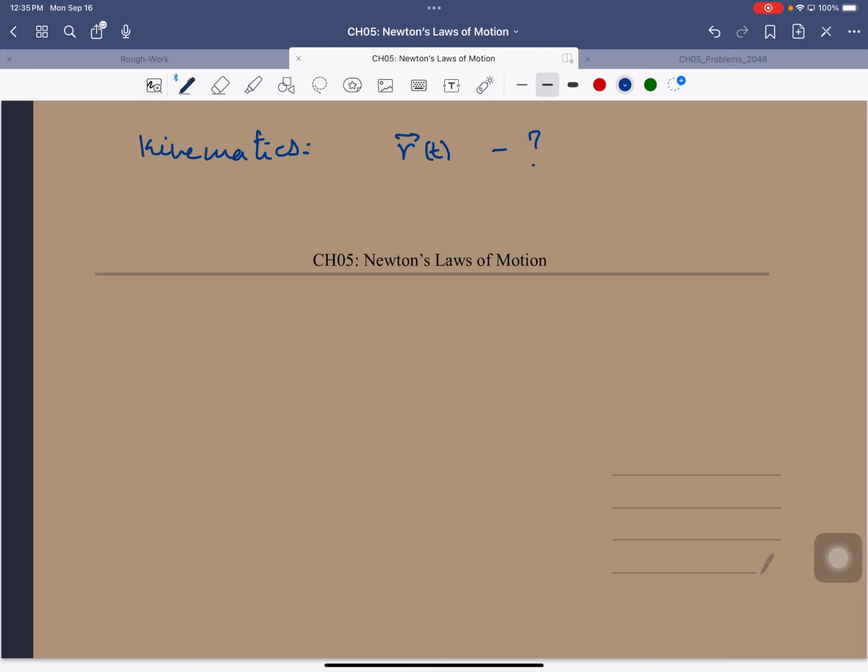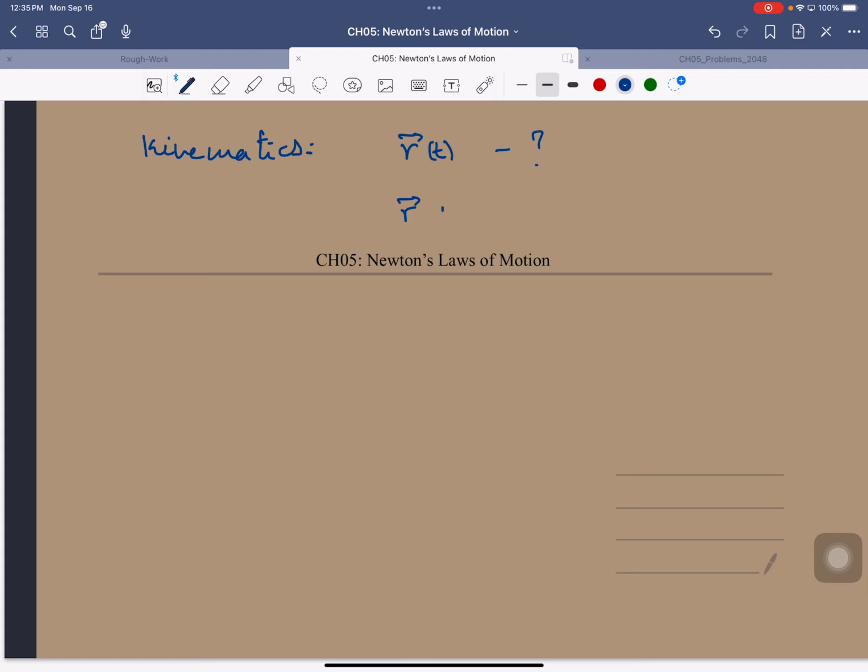And once you had that, you could calculate its velocity, which was dr by dt. And then from the velocity, you could calculate acceleration, which was dv by dt, d square r by dt squared.